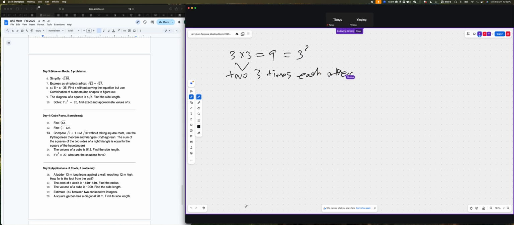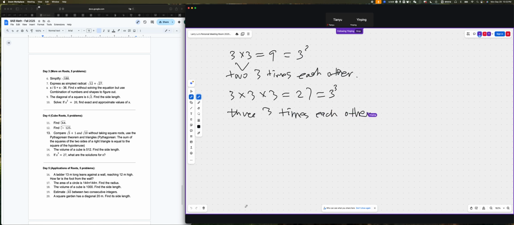Then one more 3: 3 times 3 times 3 equal to 27. I can denote that as 3 to the power 3, that's 3 cubic, because I have 3 threes multiplied by each other. So that's kind of like a power.